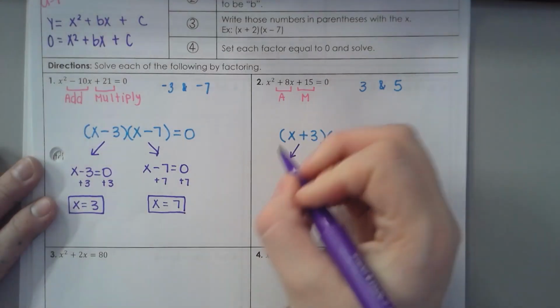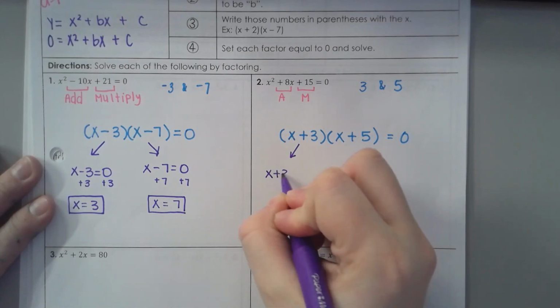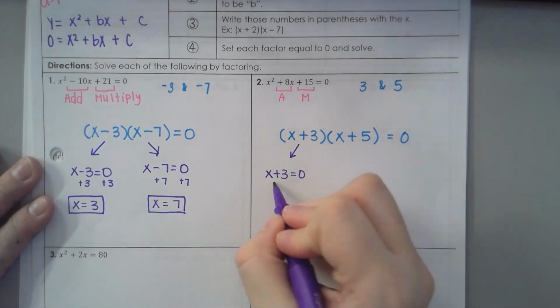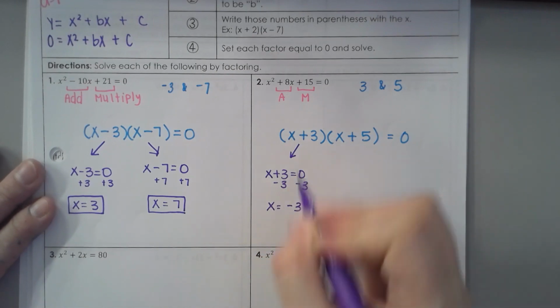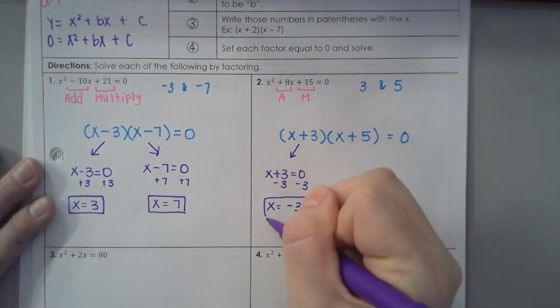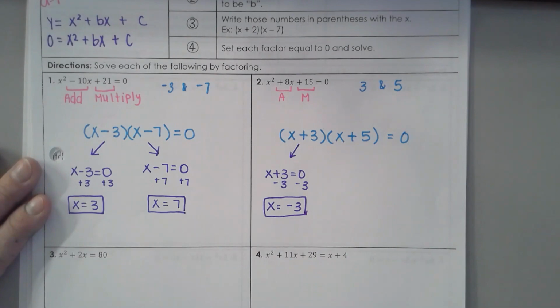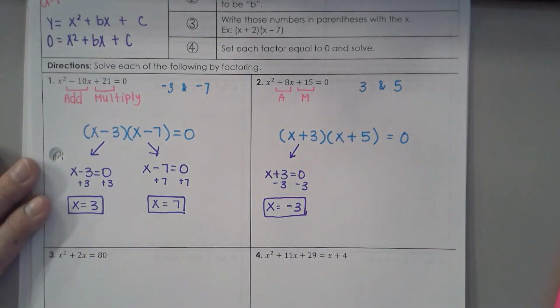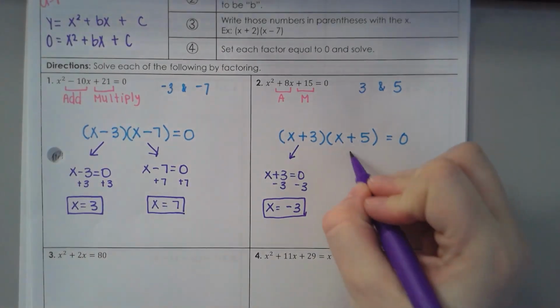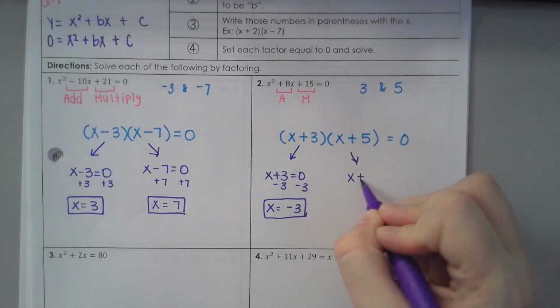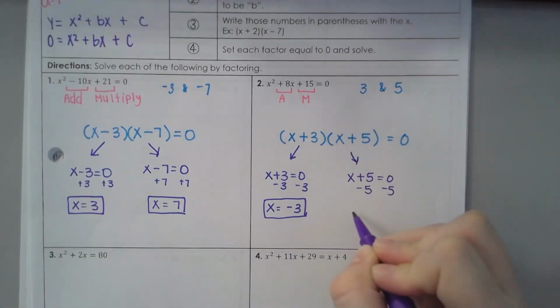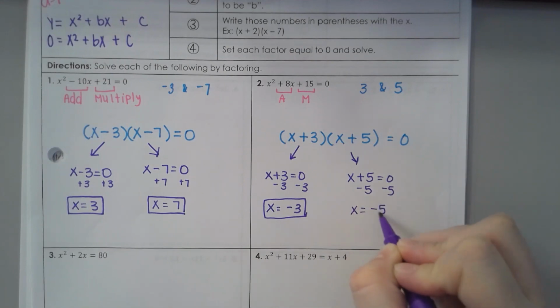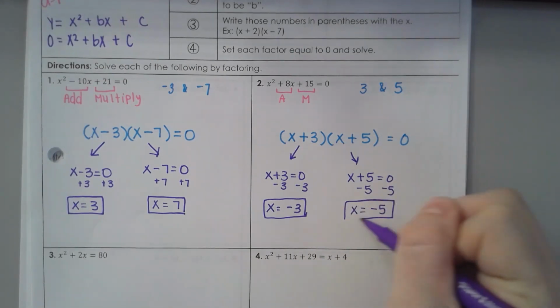So I'm going to set that factor equal to 0. And I get x equals -3. And x equals -5.